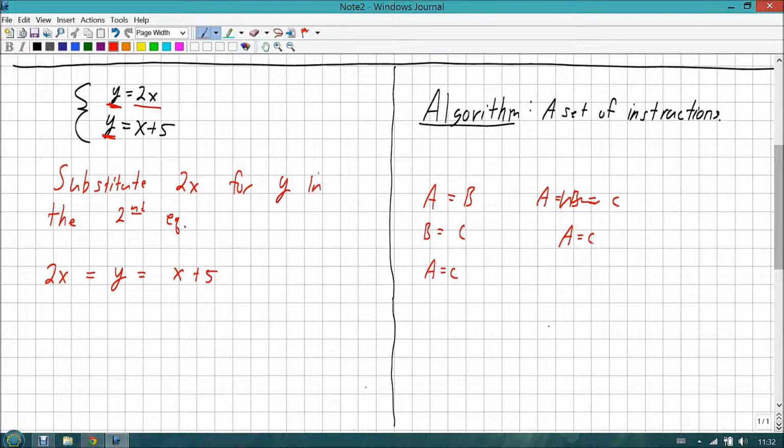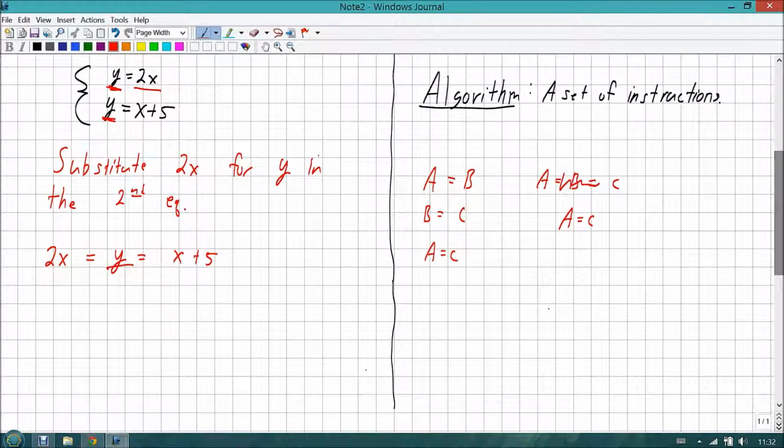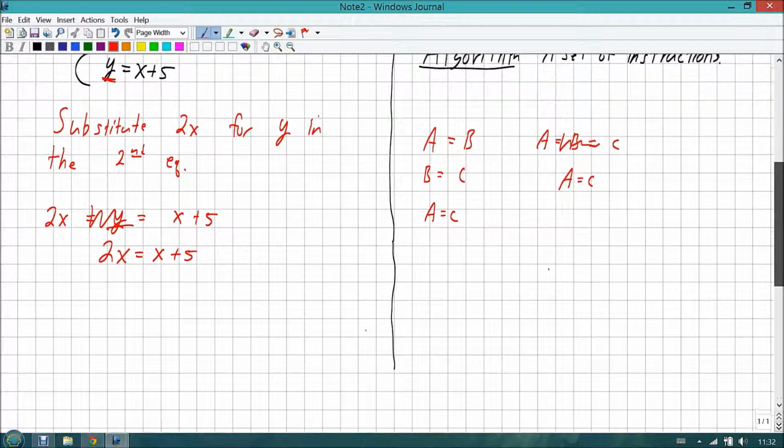We're going to do the same thing here. Our middleman is this y value right now. So we're going to eliminate the middleman, and we are going to say that 2x is equal to x plus 5. Now I solve for x. I want to get x on one side of the equation and everything else on the other. So I subtract 1x from both sides, and I get x is equal to 5. Now I have x on one side and everything else on the other, so I am done.